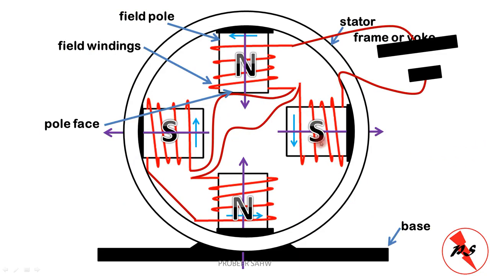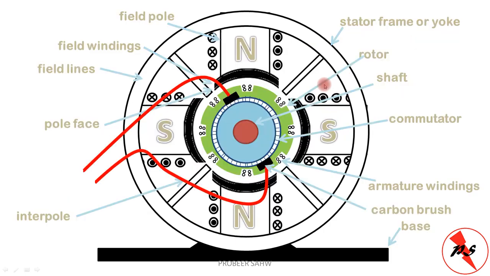Remember, there is another set of winding, the field winding, which is powered by DC current. Field windings are always powered by a DC source to create the necessary magnetic field, but the armature winding has different roles in a generator and in a motor. In a generator, current is collected from the armature windings, and in a motor, current is passed to the armature windings.